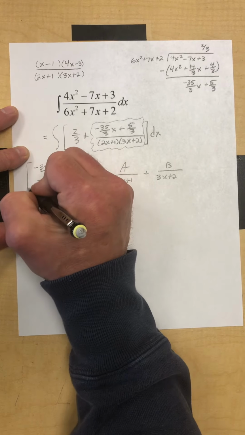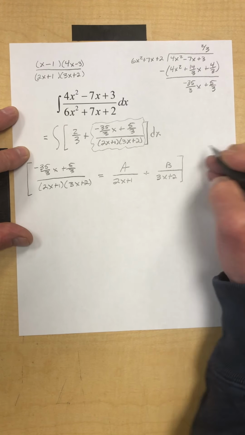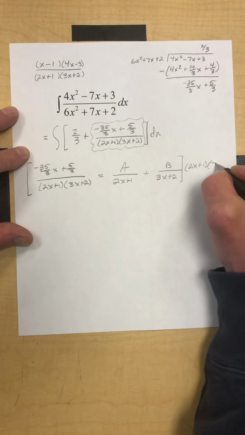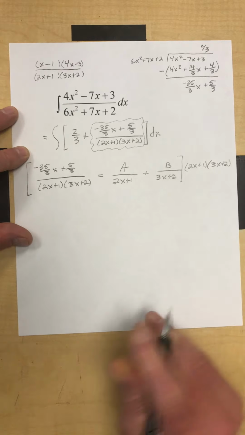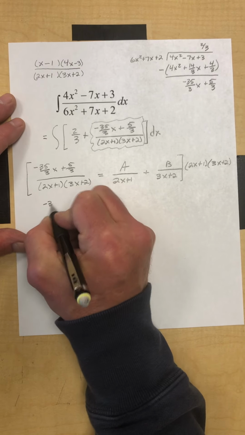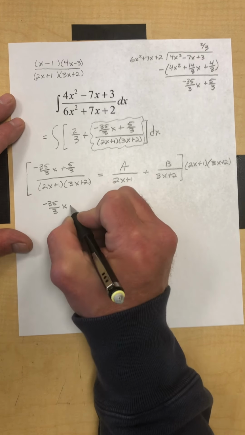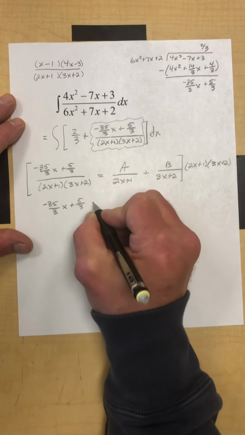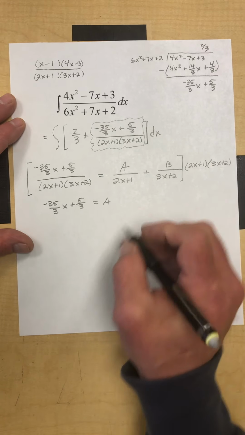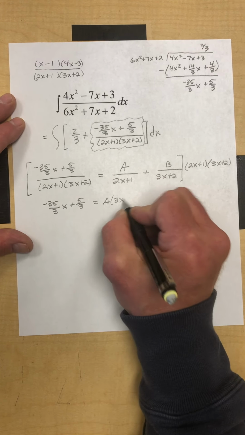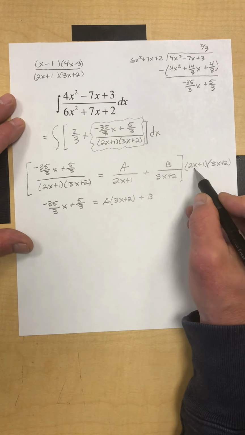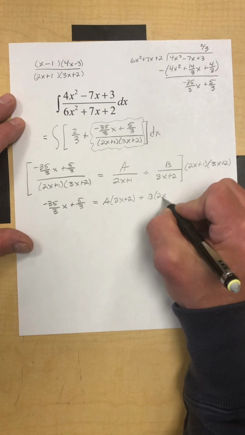We want to get rid of the fractions, so I multiply through by 2x plus 1 times 3x plus 2, which cancels those factors. I get negative 35/3 x plus 5/3 equals A times 3x plus 2, plus B times 2x plus 1.